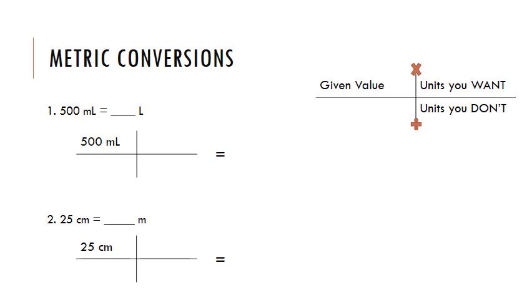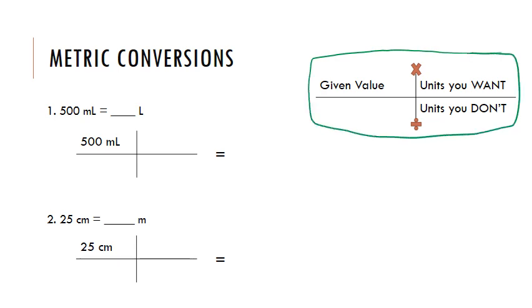Over here on the left, you can see that we have our general setup of our problems. This is the approach we're going to take every time. We're going to always start by writing our given value, and then we draw this little T-chart. This T-chart helps us set up where everything goes. We also call it our railroad tracks in chemistry.